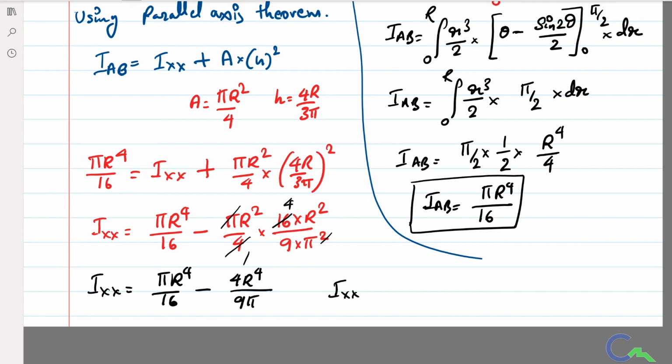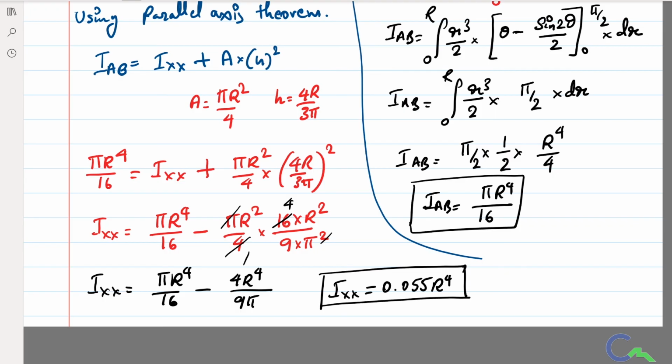Therefore Ixx is equal to 0.055 r to the power 4.